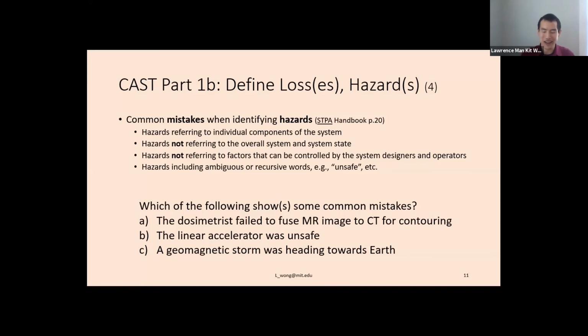So again, you just need to type in A, B, or C, or A, B, and C, and variation thereof. Okay, I do see more than 100 entries, so I'm just gonna go ahead and move on.